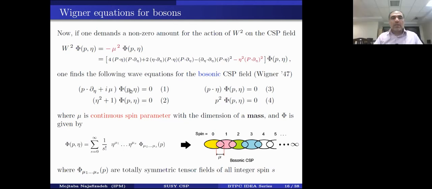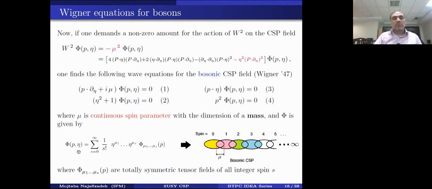And as you see here, our field is dependent on p and eta. Before, for helicity particles or massive particles, we had just phi of p or phi of x, depending on whether you are working in momentum space or position space.